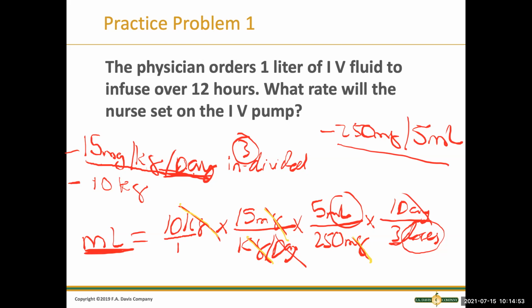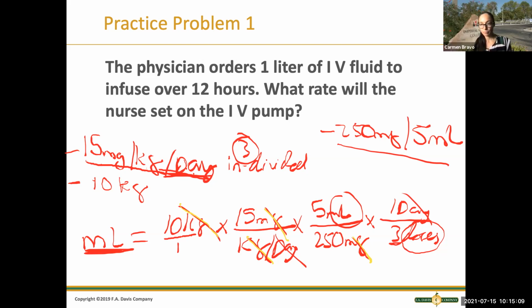The pharmacy sends alprazolam, which has the dosage strength of 2 milligrams per tablet. How many tablets should the nurse administer each day? So it's like, figure out how much per dose, and then times 2.